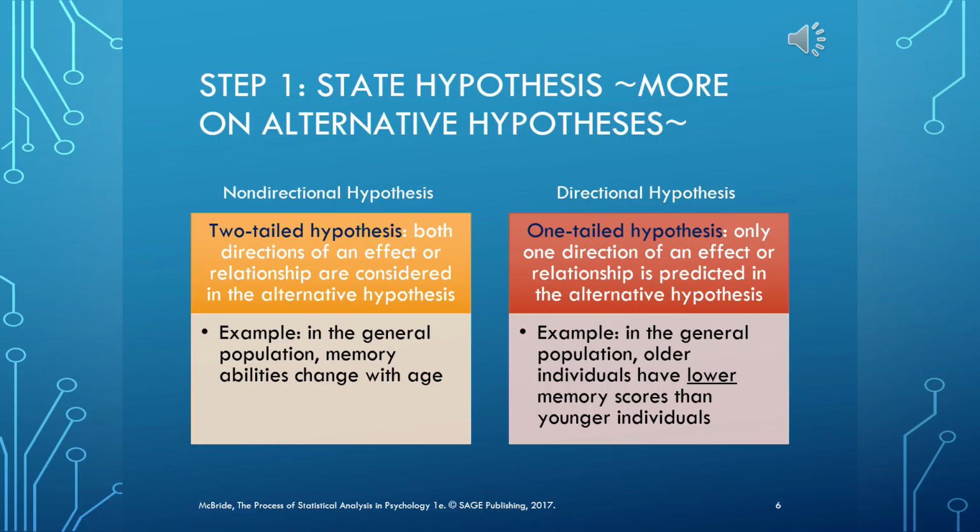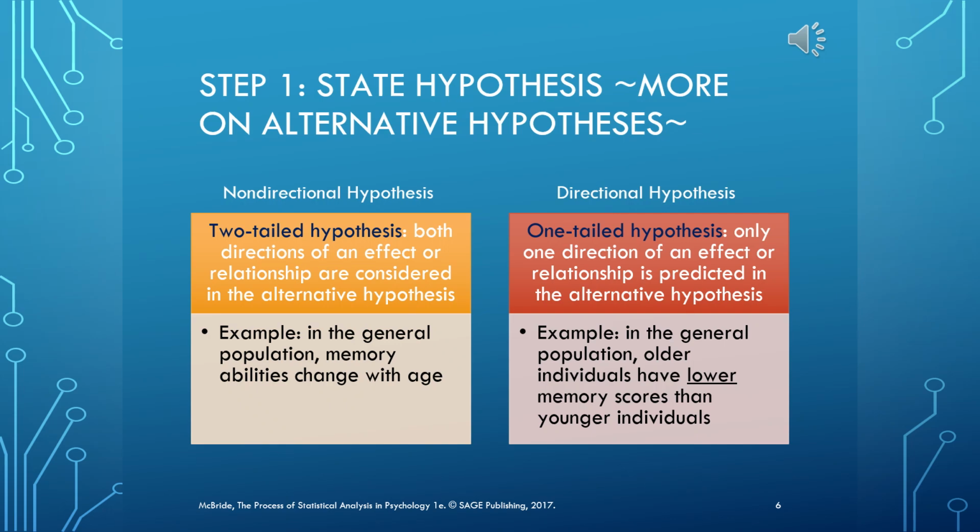Now, this is a really important distinction. Hypotheses can be stated one of two different kinds of ways. You can have what are called two-tailed hypotheses, or you can have one-tailed hypotheses. Two-tailed hypotheses are basically called that because they're bidirectional, and I'll show you that on a distribution in a minute.